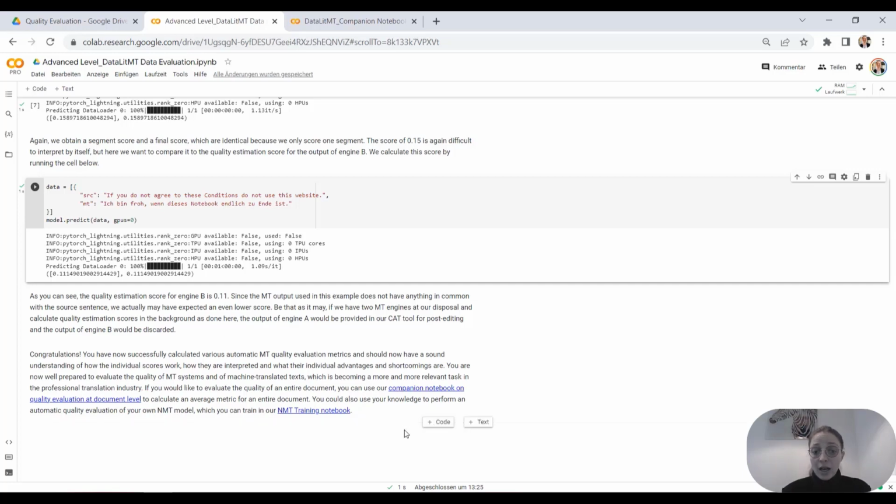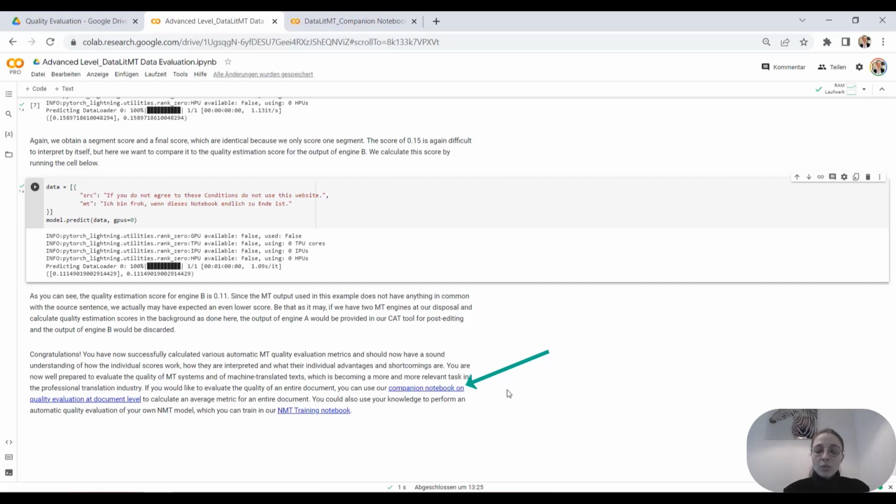What you can now do is also have a look at this companion notebook on quality evaluation at document level, because what we did here is that we always calculated these metrics only at sentence level, but you can also calculate average scores for entire documents, which is very helpful if you are comparing your machine translations, which might often be a document or a paragraph in comparison to merely a sentence.